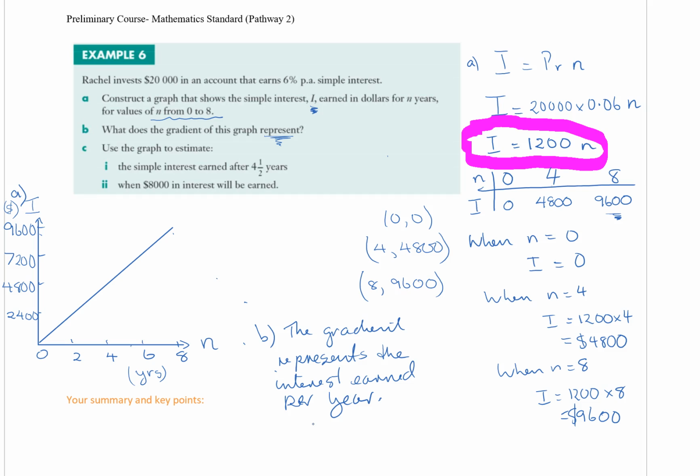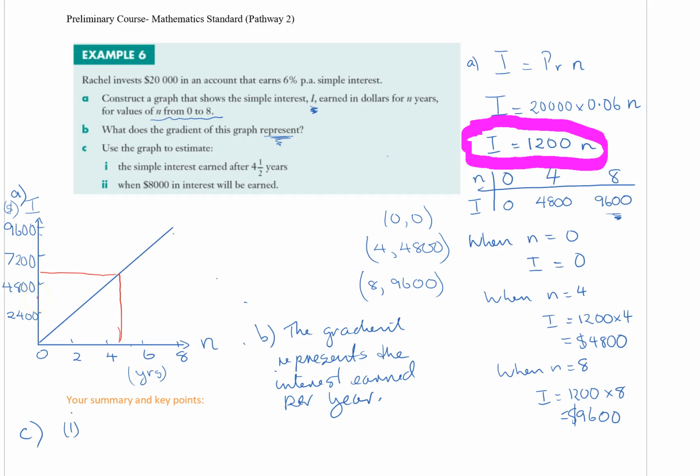C says use the graph to estimate 1. The amount of simple interest earned after 4.5 years. I'm going to attempt to dot a line at 4.5, so 5's come back a bit, coming up to the graph and across here.